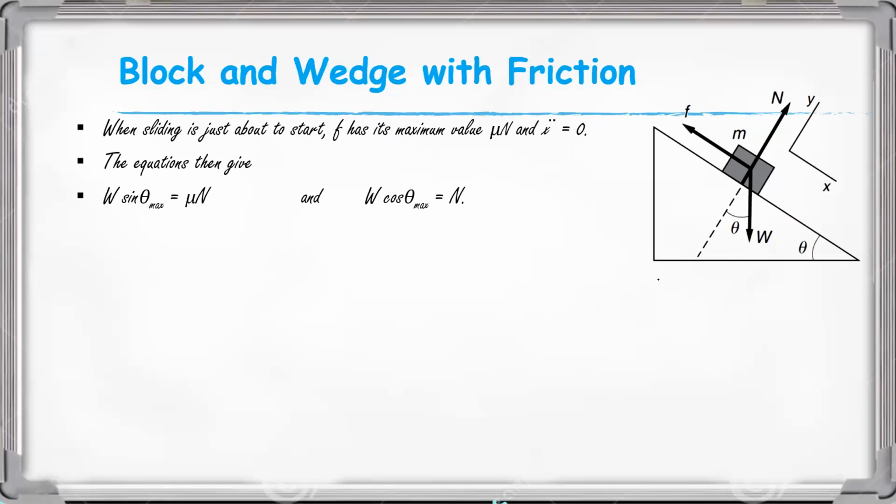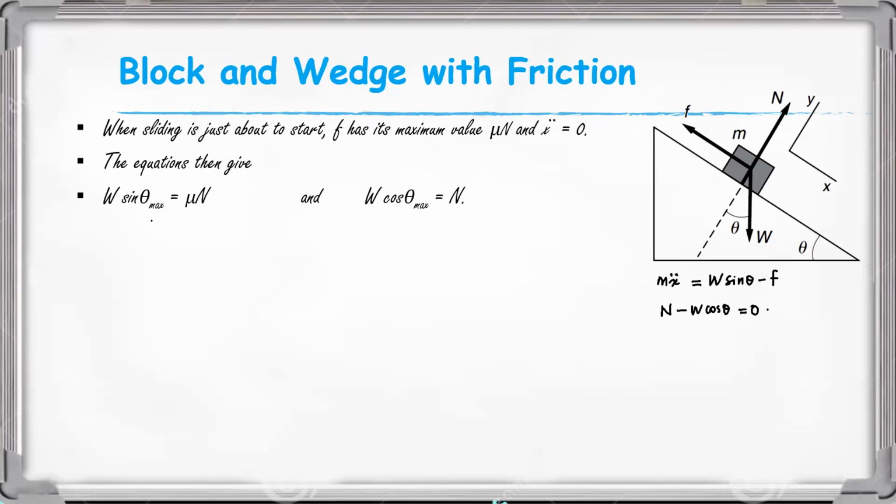First equation was m x double dot is equal to W sin theta minus F, and the second equation was N minus W cos theta is equal to 0. Okay.